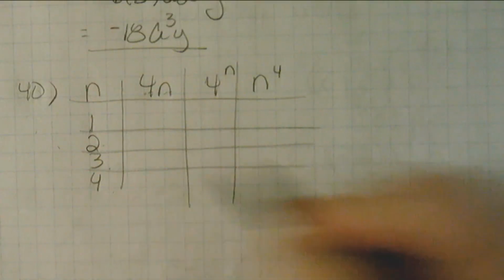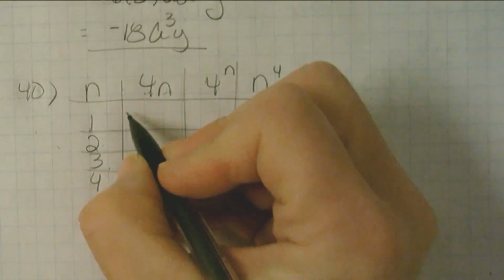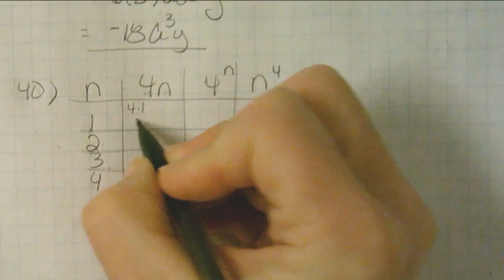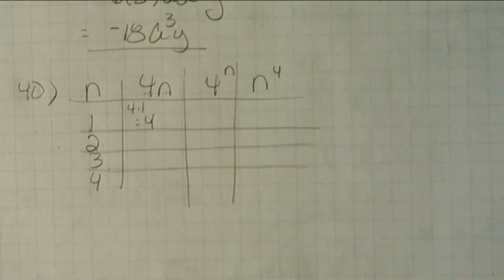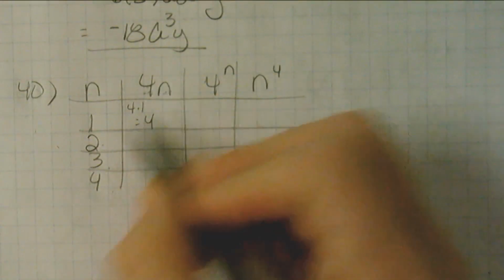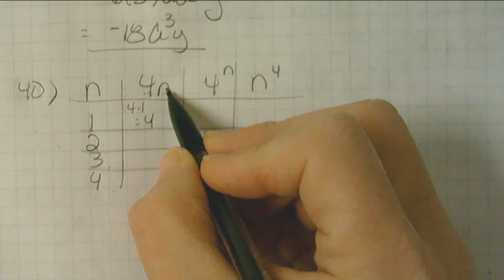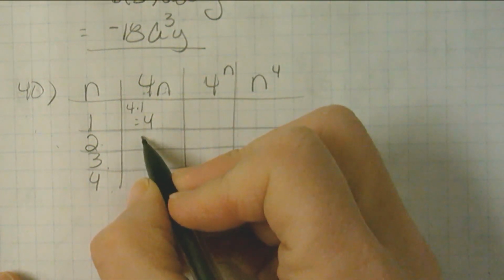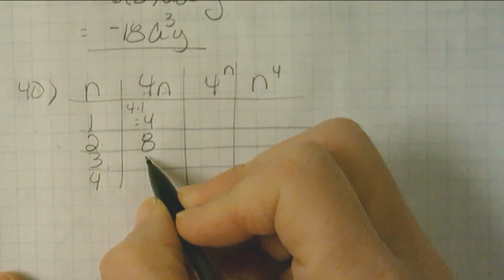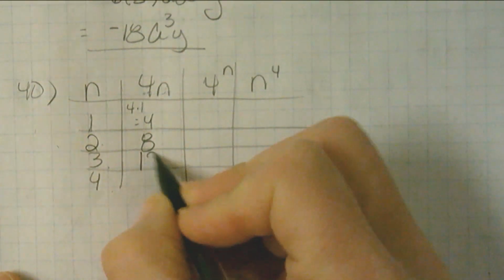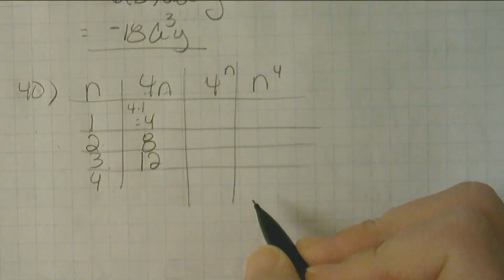Just do this math. So this is 4 times 1, which is 4. Somebody put in my n is equal to 2 for that column. Michaela? 8. What's my next one down from there, Layla? All right, what's my next one down from there, Angela?